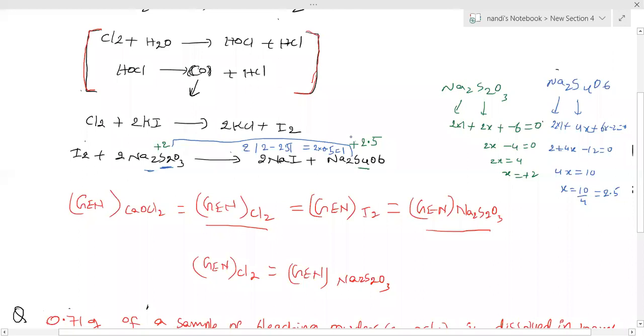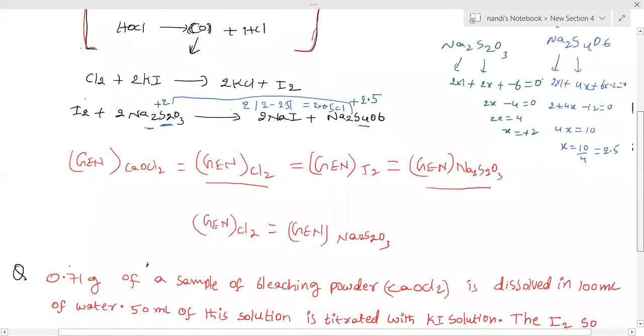Still doubt how to calculate n factor? Who asked that, people? You should respond now. I think you got it. Fine, now we can go further.